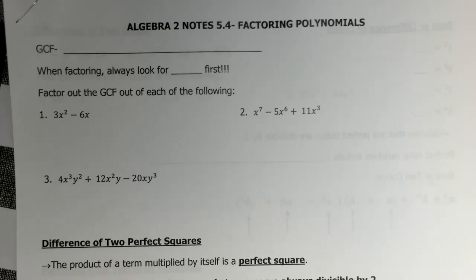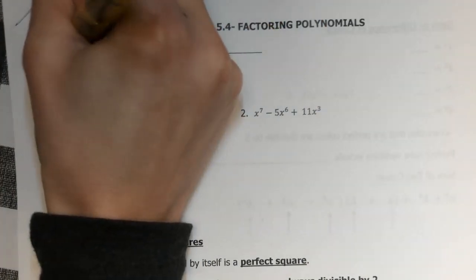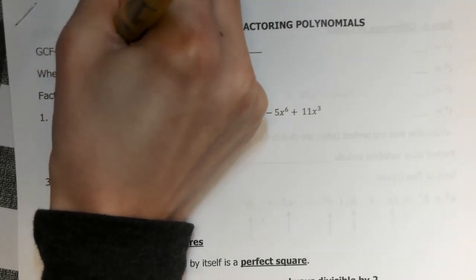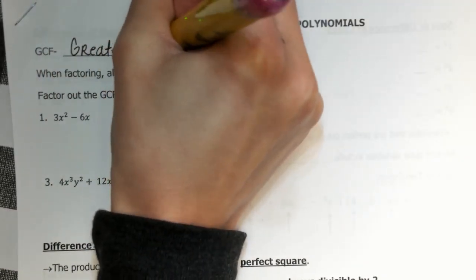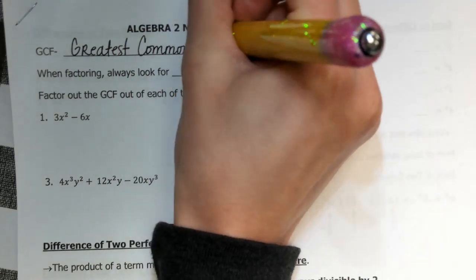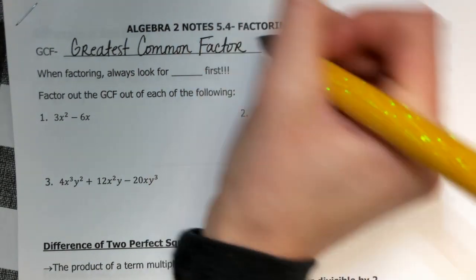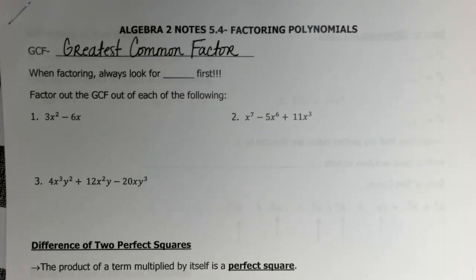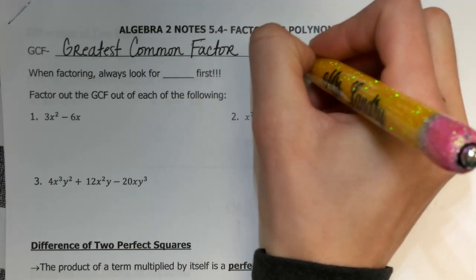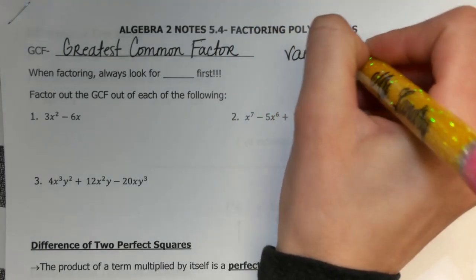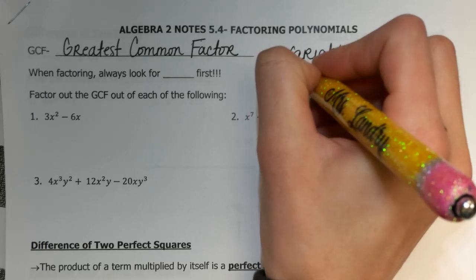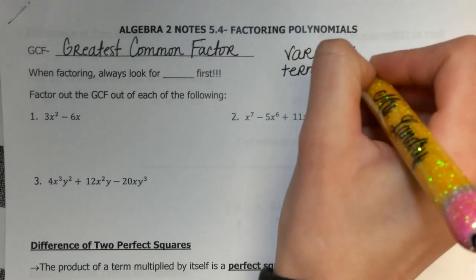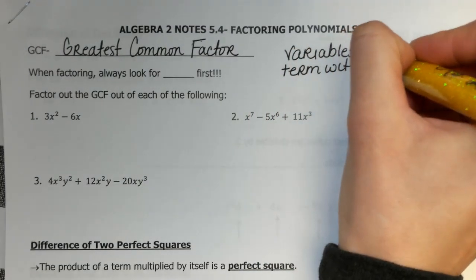Okay? Your GCF, remember that is your greatest common factor. So your greatest common factor is the number or variable that you can divide each term of your polynomial by. Okay? If you're doing variables, remember that it is the variable term with the lowest exponent.